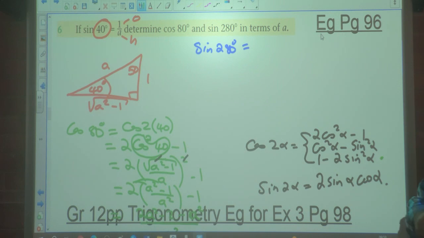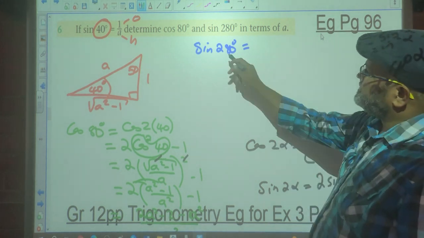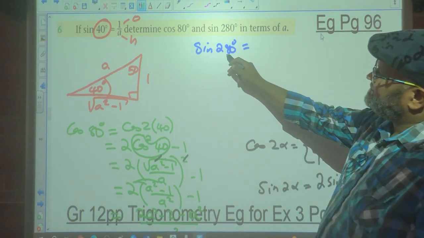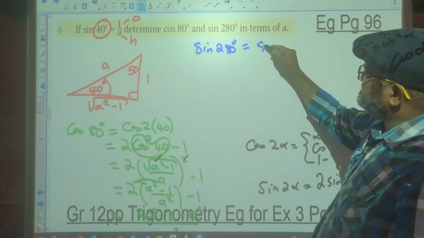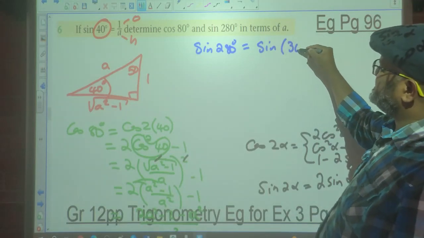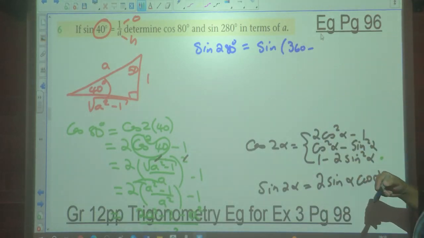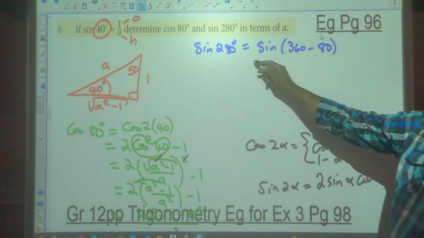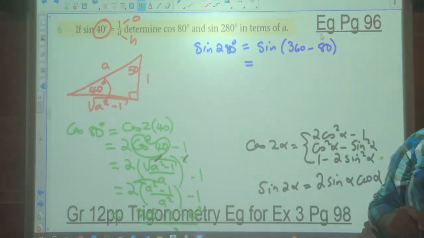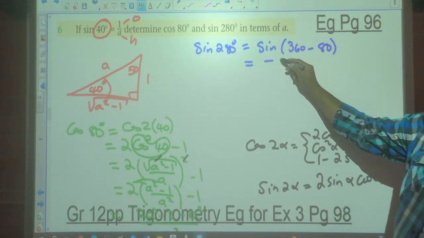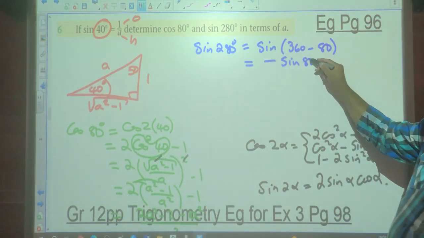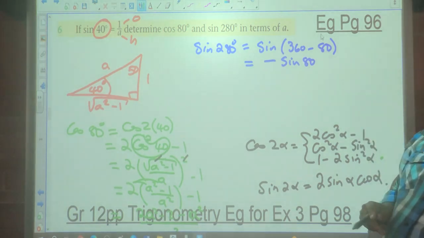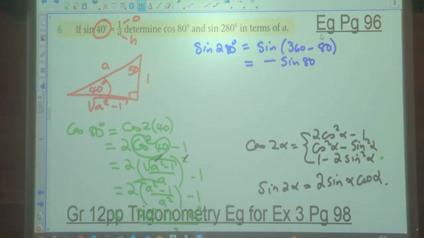So let's reduce it to an acute angle. Which quadrant is this in? Quadrant 4. So it's going to be sine of 360 minus 80. So is sine positive or negative in the fourth quadrant? Negative. So it's negative sine 80. So how can I link this to one of these identities?